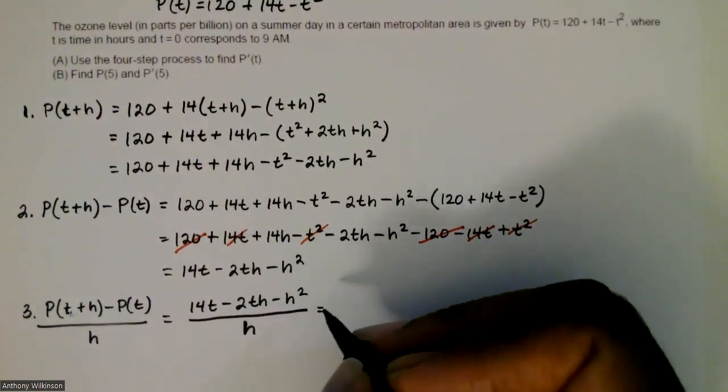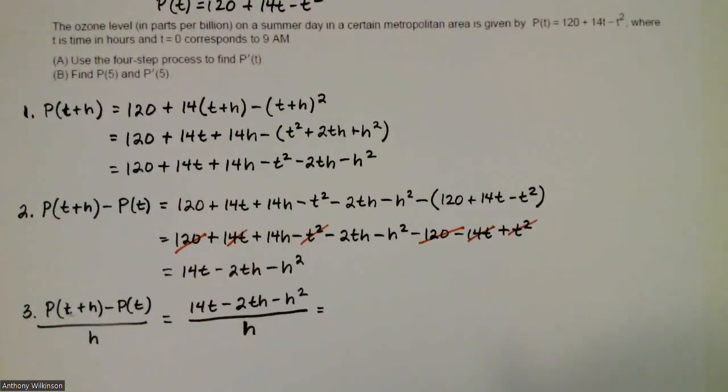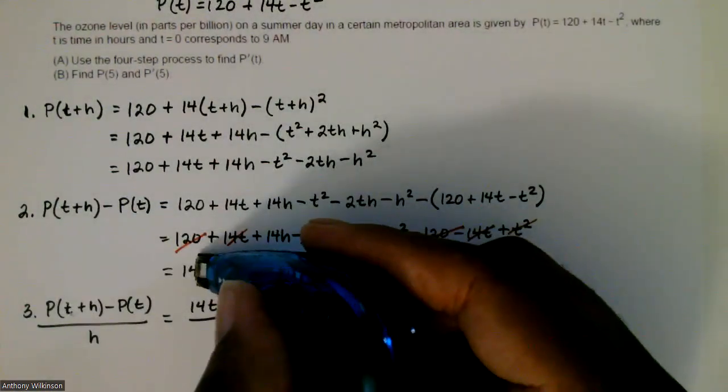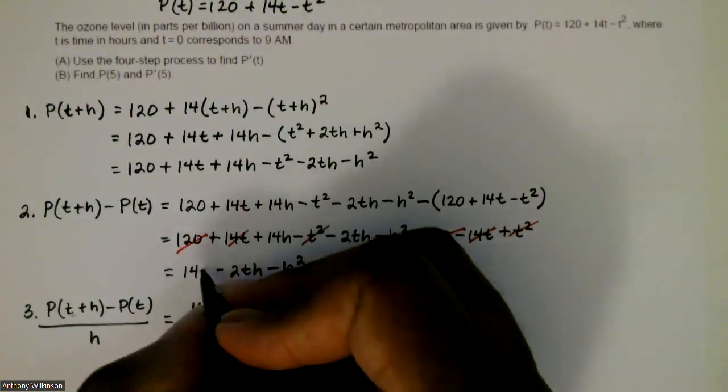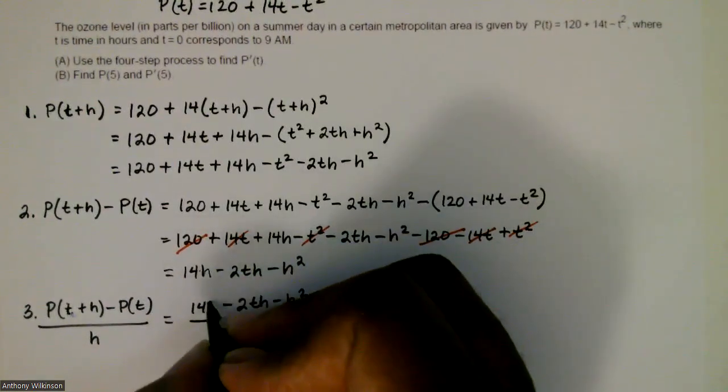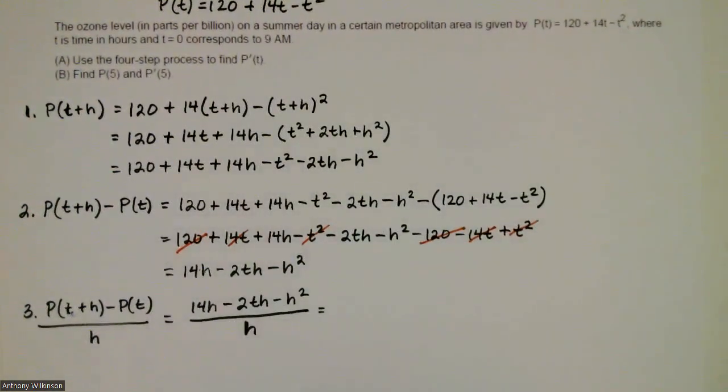So if I factor, wait a minute, something ain't right, 14H. Sorry. Because I want all these H's to be gone. So this 14H, this should be 14H here. Okay.